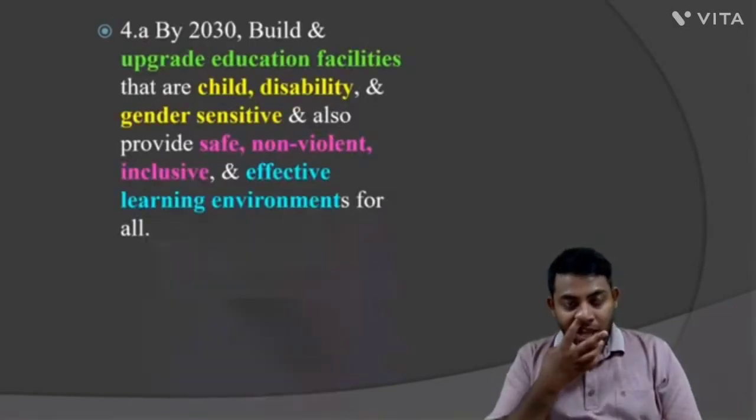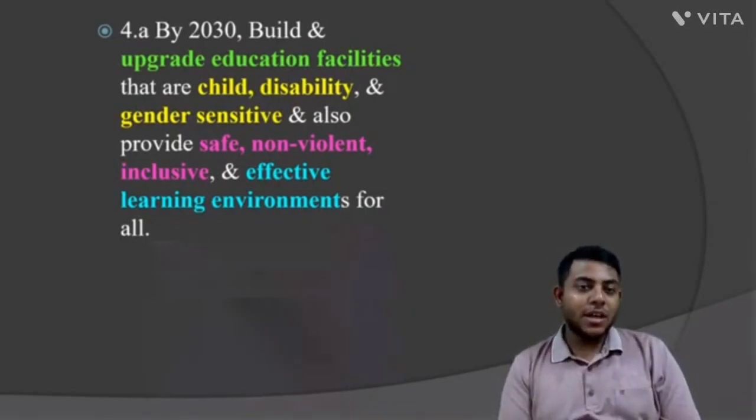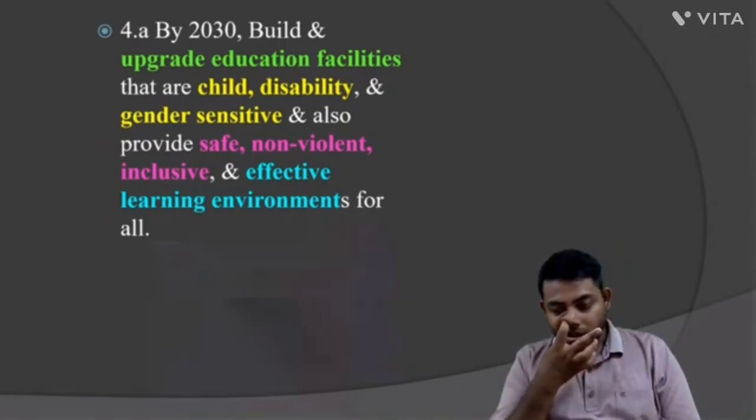And 4.A of Sustainable Development Goal 4 says that by 2030, build and upgrade educational facilities that are child, disability, and gender sensitive, and also provide safe, non-violent, inclusive, and effective learning environments for all.